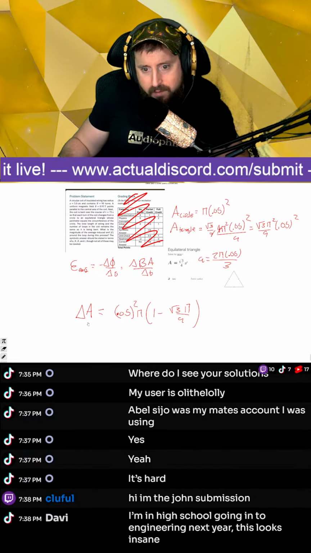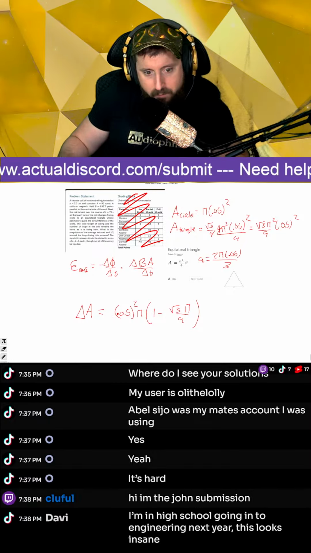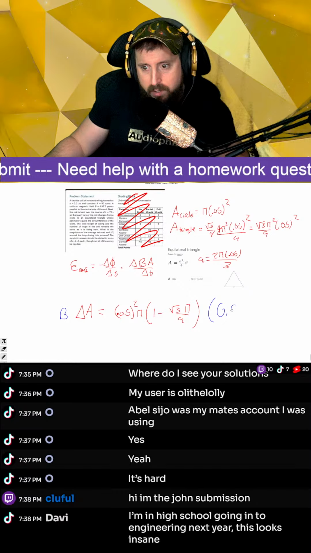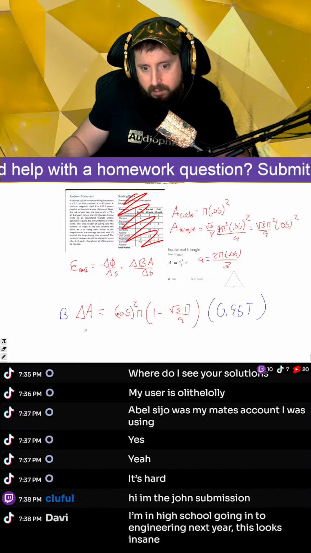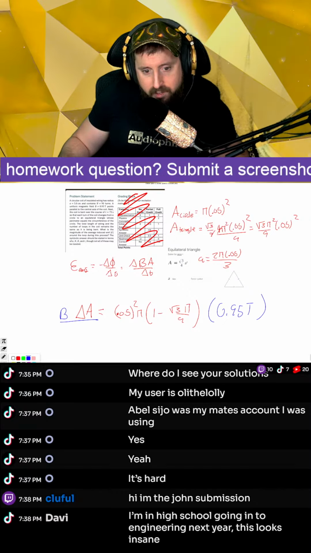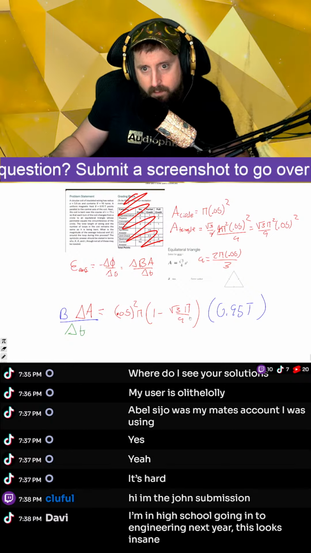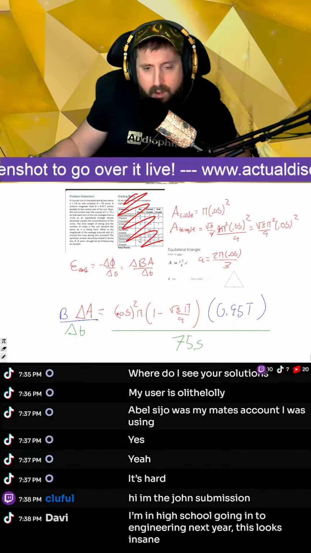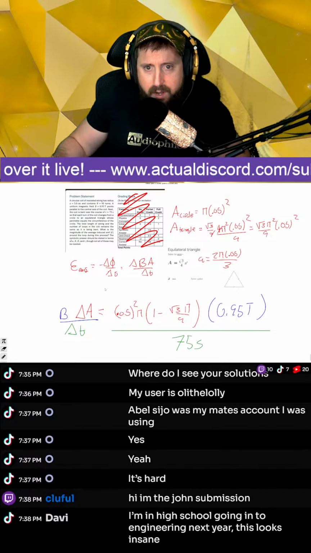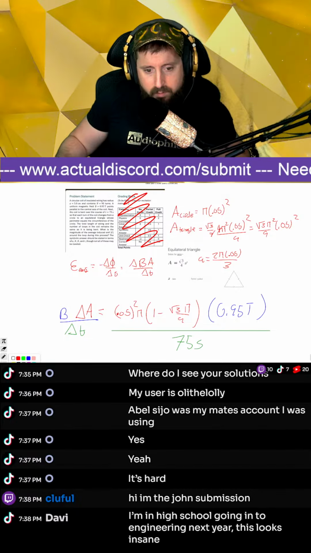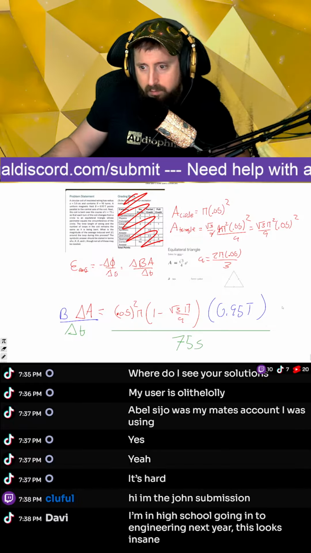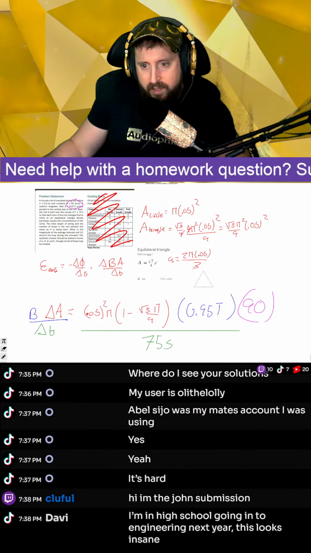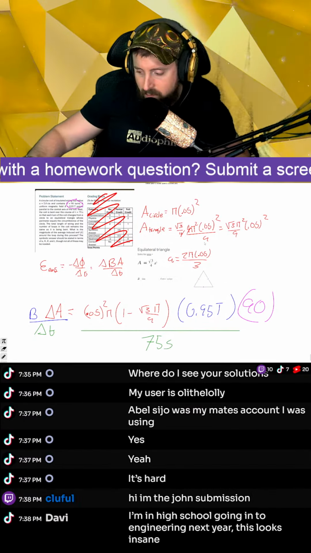And then you need to multiply that by the magnetic field, which was 0.95 Tesla, right? And then you need to divide that by delta t, which is equal to 75 seconds. And then I think you need to multiply by N. Yeah, 90 turns, right? Cool? That's what the answer is eventually.